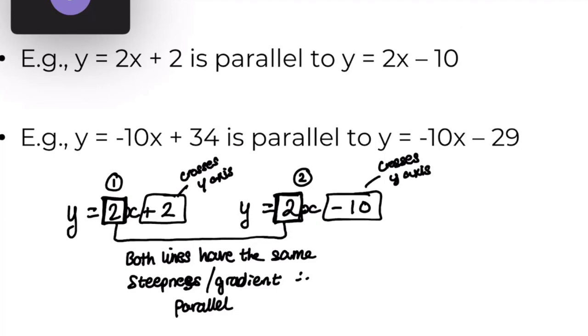It just tells you where it intercepts the y-axis. When we're looking at parallel lines, what we're interested in is the number that comes before the x, the gradient. If the two numbers are the same, that means both lines have the same steepness, the same gradient, so they are both parallel.